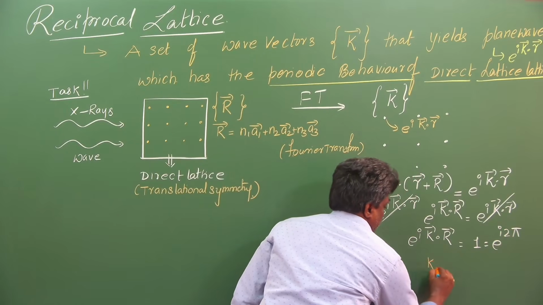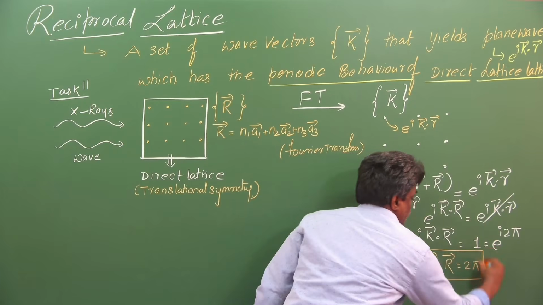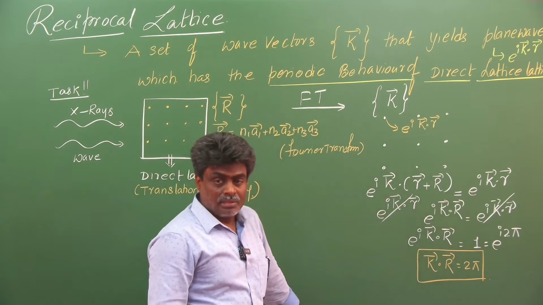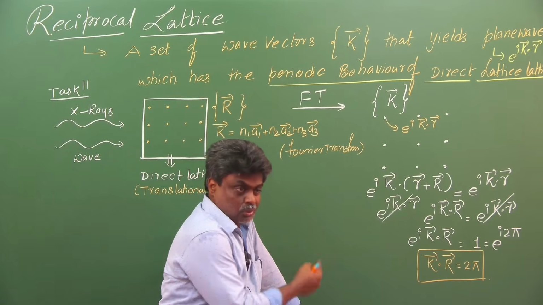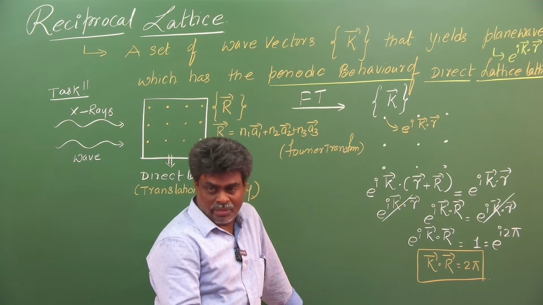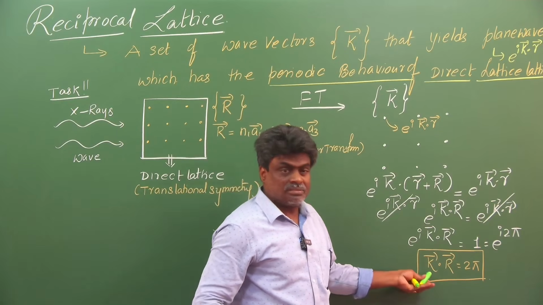That's why the dot product of a real vector and a reciprocal vector is equal to 2 pi. We will derive it again, don't get tension. Just from the periodic behavior, this is the property.